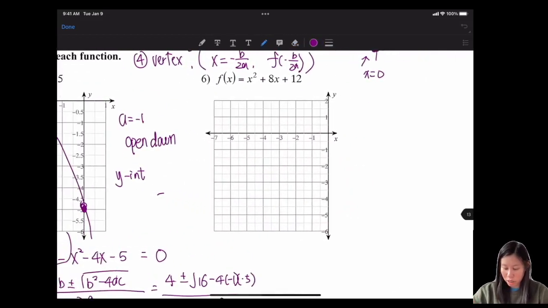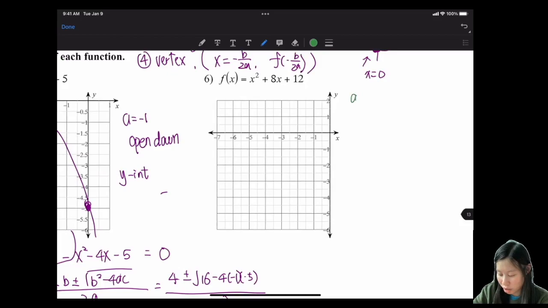Okay, again, let me use a different color of pen. It's a little bit messy, but it's okay. So a equals 1, right? So it's greater than 0, it's a positive number. We know the graph is going to open up. And the y-intercept is when x equals 0, so we have 0 and 12. The x-intercept is when y equals 0.